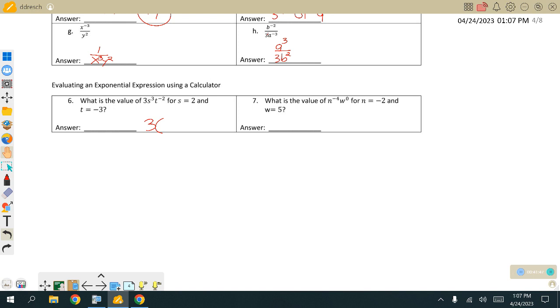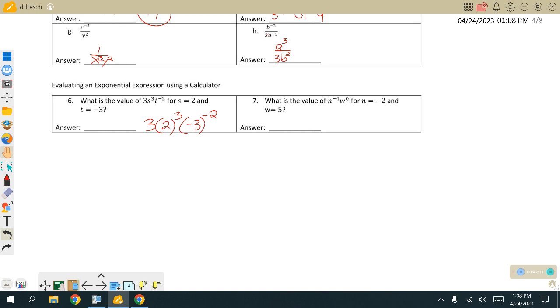So s gets substituted as 2, and t gets substituted as -3. Whenever we substitute in values, this is what we just did with the substitution property. Plug them in the right spots, done. I used those parentheses again with the substitution property.